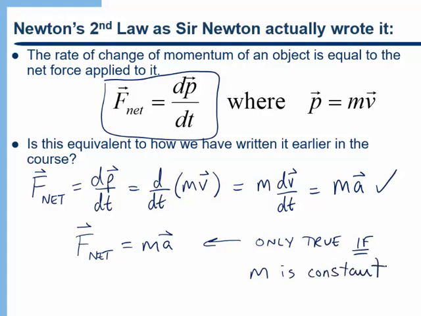So if the mass of the object isn't constant and we're studying its motion, then we can't use that formulation of Newton's second law. We have to go up here because now both m and v can be changing. If you think back to all the problems we've done, you'll notice that every single problem we did, the mass of the object was constant, and therefore we were perfectly fine using F net equals ma.